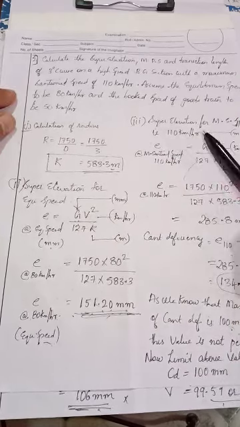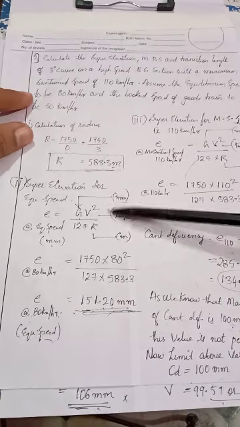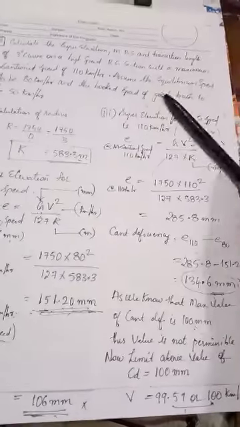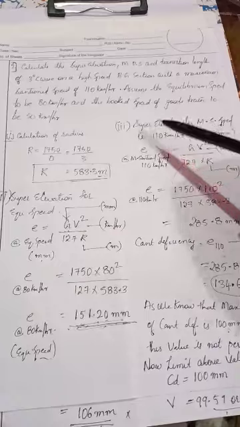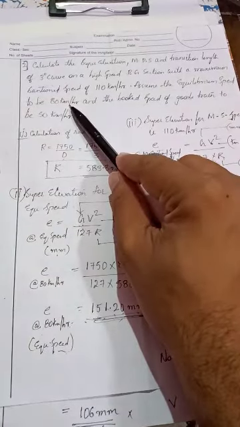Then what is our next step? Our next step is to calculate the super elevation at equilibrium speed, which is 80 km per hour.